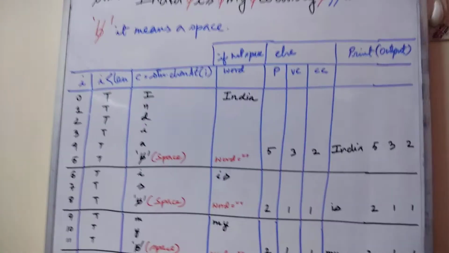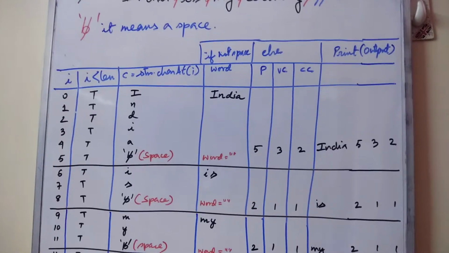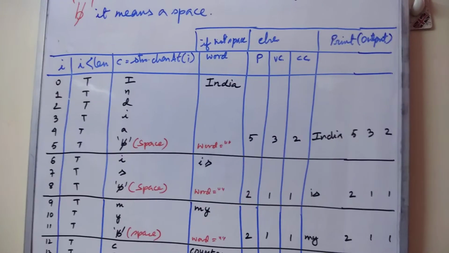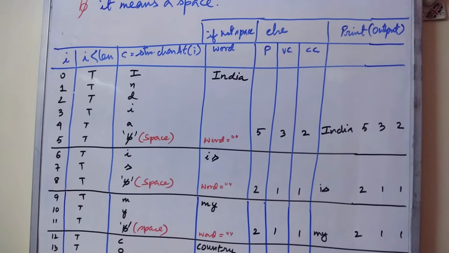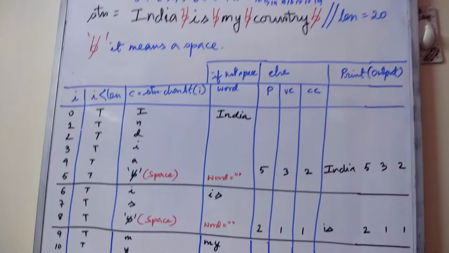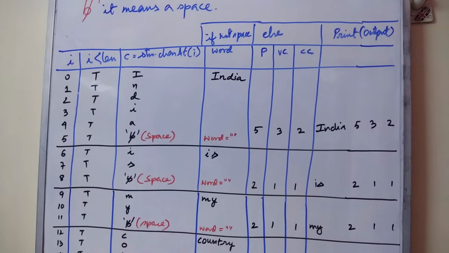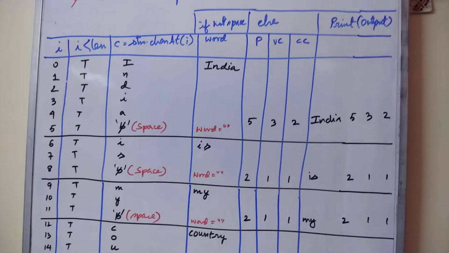That means when i is 6, 7, 8, the word being stored is "is", and it will finally print "is" with 2, 1 and 1. Then the next block is 9 to 11, where I'm getting "my" and printing it accordingly.